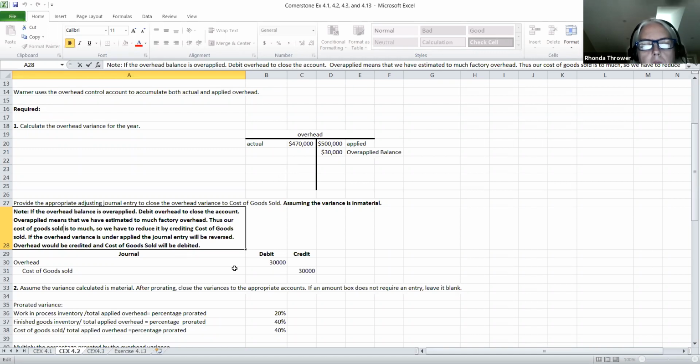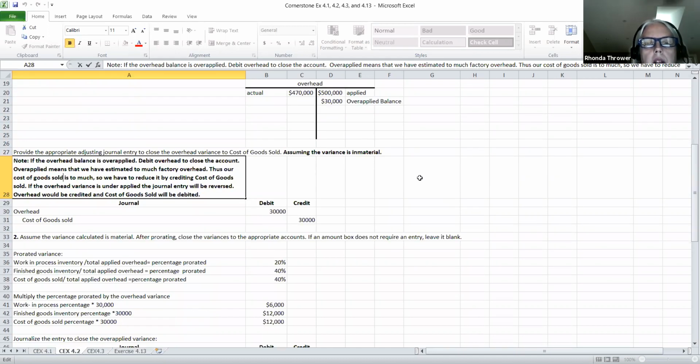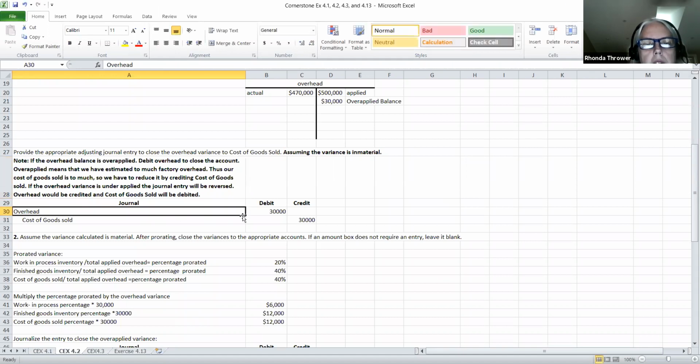It was not under applied. It was over applied. We had estimated more than the actual amount in the factory overhead account. Now, this is what you would do. You would create this journal entry here if the variance is immaterial.